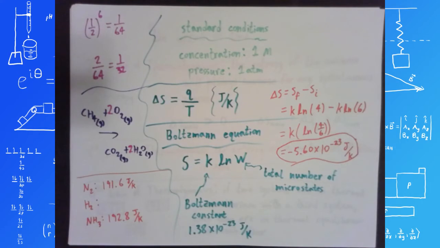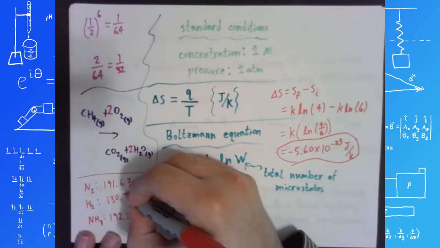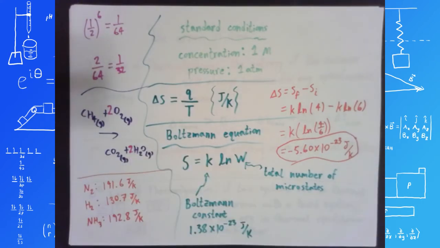I wonder if it was under the oxygen list. No? I guess I'll have to scroll up for it. Okay, hydrogen gas, 130.7 joules per Kelvin. Okay.